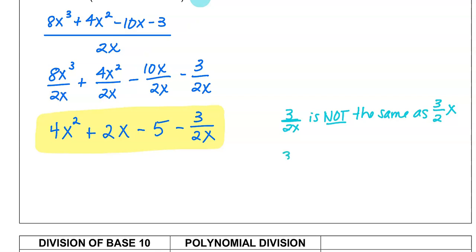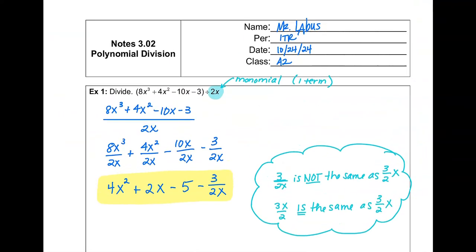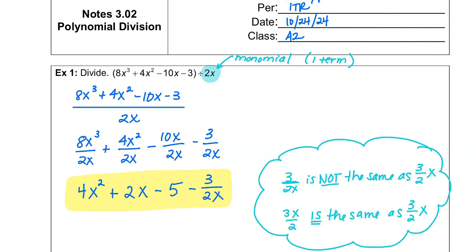Whereas if it's in the top, if it was 3x over 2, then 3x over 2 is the same as 3 halves x. Okay? So just keep that in mind. And that'll be the first example.